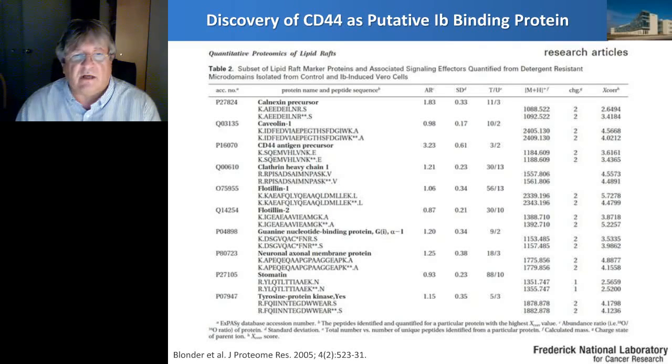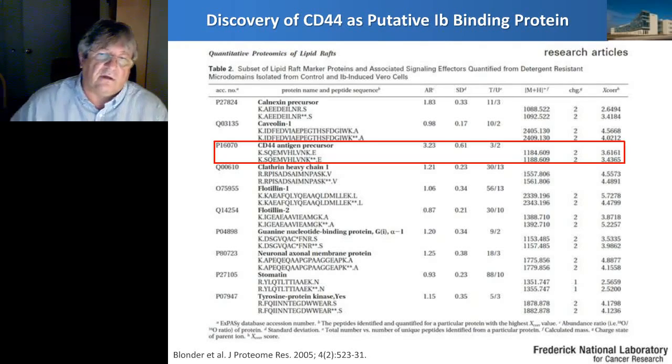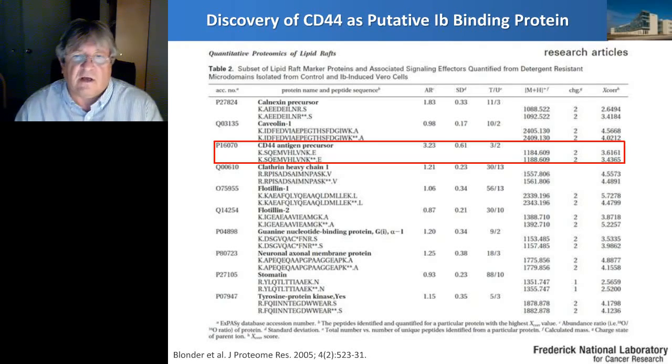After that analysis, we showed a couple of molecules with upregulation of more than threefold, and CD44 was the one that we at that time thought might be the protein that facilitates iota B internalization into the cells.